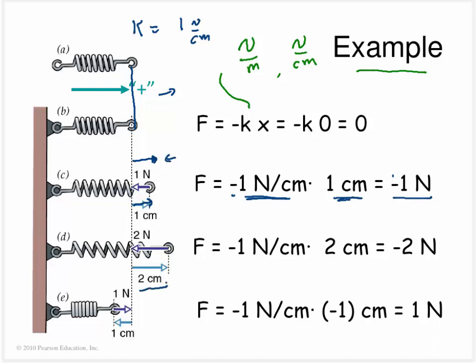You stretch this spring by 2 centimeters, negative k times x, the force is negative 2 newtons, so it's 2 newtons in that direction. What happens if I push on that spring? Now my distortion is negative, so negative 1 times negative 1 gives me a plus 1, so that tells me the force is in my positive direction.